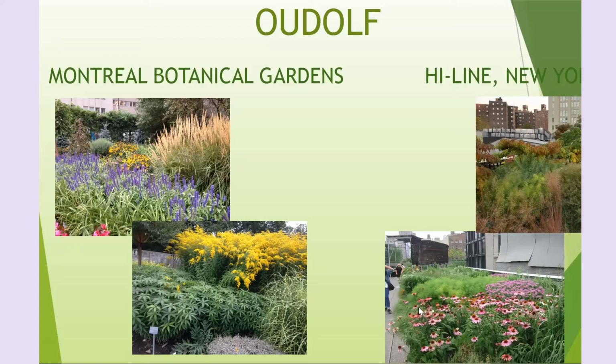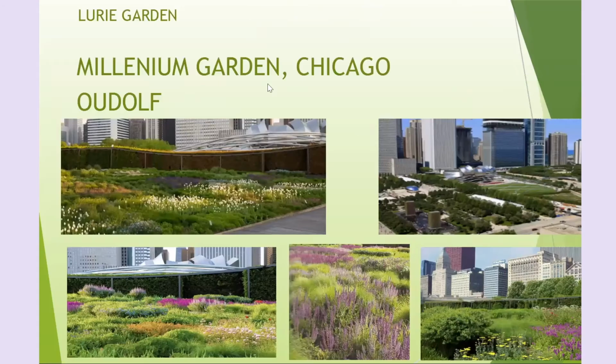And of course, these have already flowered, and these are the Amsonia hubrichtii. And this is my favorite park and garden that he made, the Millennium Park Lurie Garden. But actually, I like it because it shows a lot of the principles of a prairie garden.